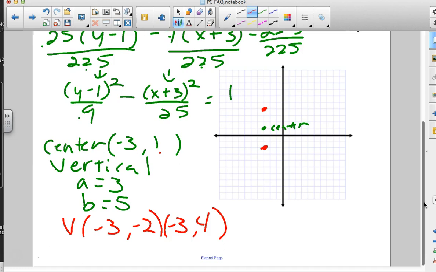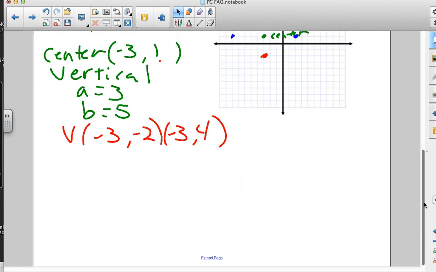And then we're going to use b to go out in the right and left direction. So 1, 2, 3, 4, 5. 1, 2, 3, 4, 5. So those are, we think of them as co-vertices, but they are the endpoints of the conjugate axis. Then we still need the foci.